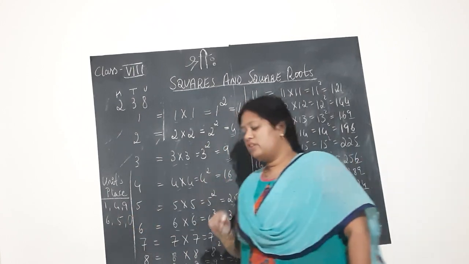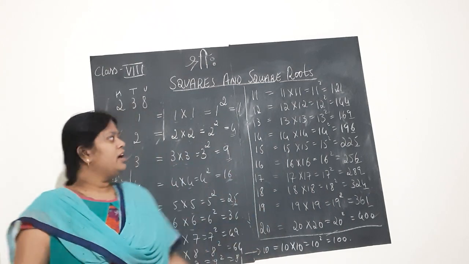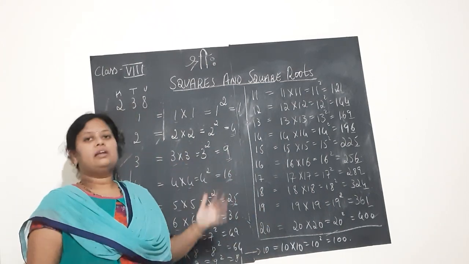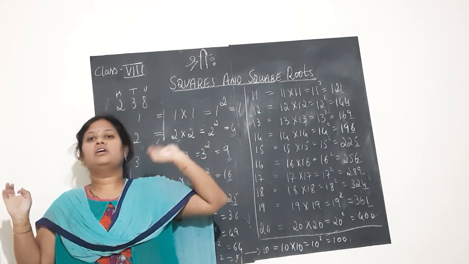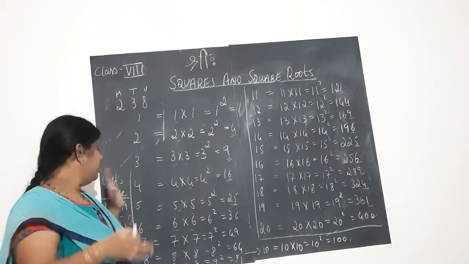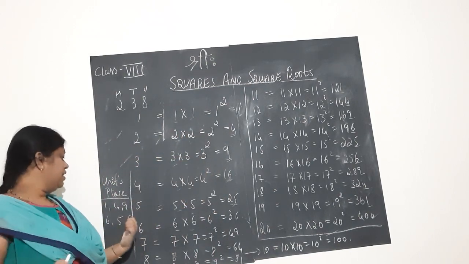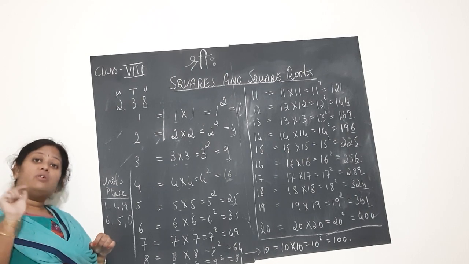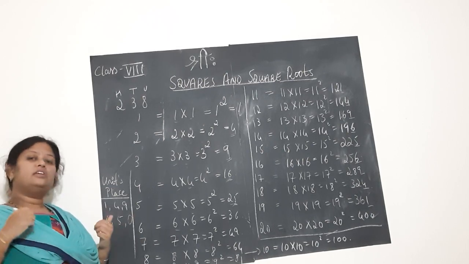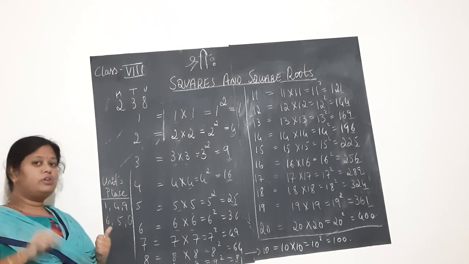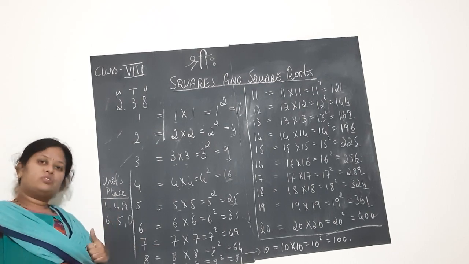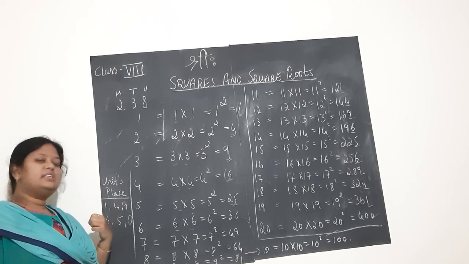So from this, children, can we say that if at all any number, I will give you some big number, 1, 2, 3, 4, 5, 6, 7, 8, 9, 10, 11, 12, 13, 14, followed by 0. Since 0 is at the end, in the units place, is it a perfect square? 9 is in the end.